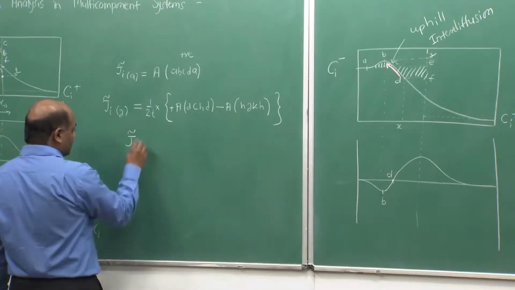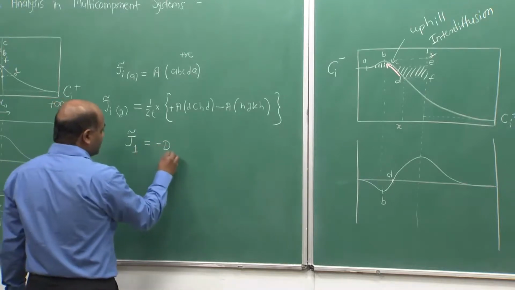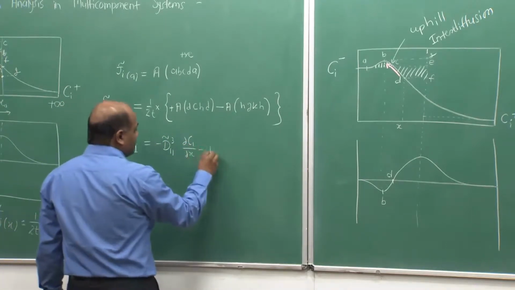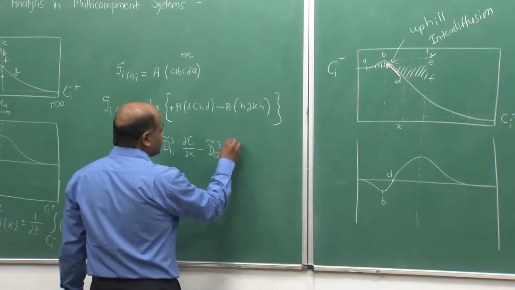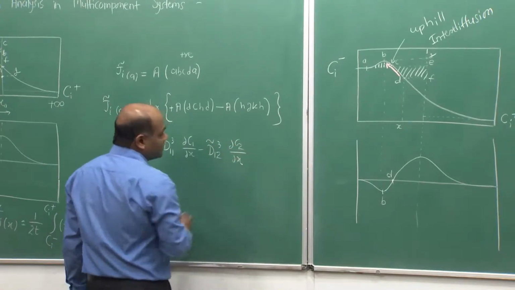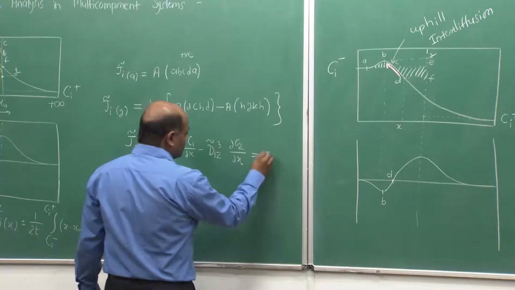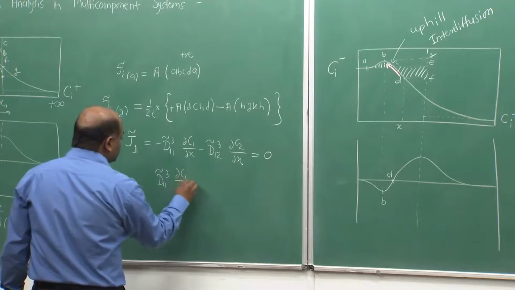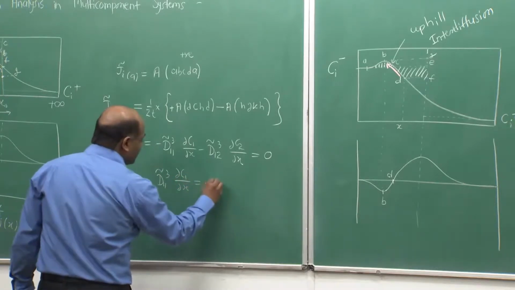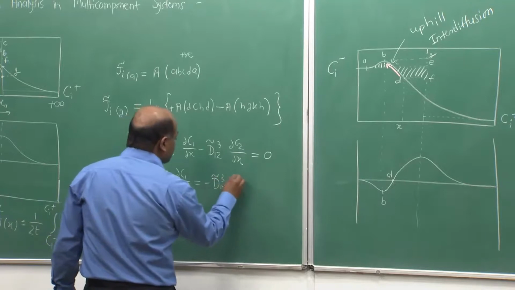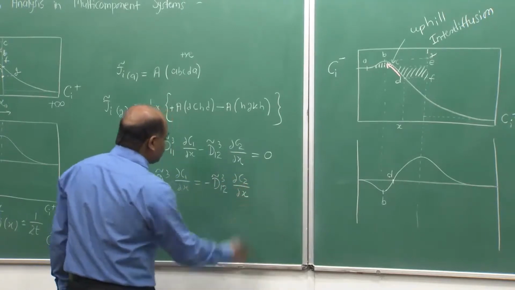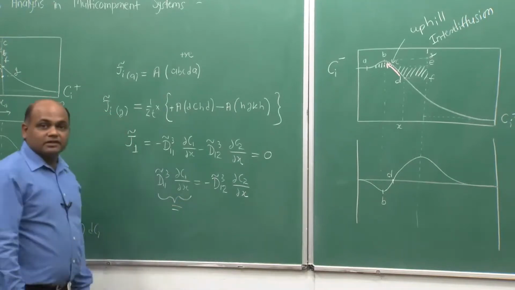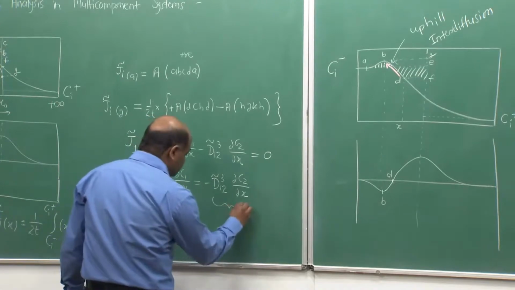In a ternary system, for example, J1 tilde is given by J1 tilde is equal to minus D11 tilde 3 dou C1 by dou x minus D12 tilde 3 dou C2 by dou x, and where the flux is 0, we have D11 tilde 3 dou C1 by dou x is equal to minus D12 tilde 3 dou C2 by dou x, which means the main term is equal to the cross term.